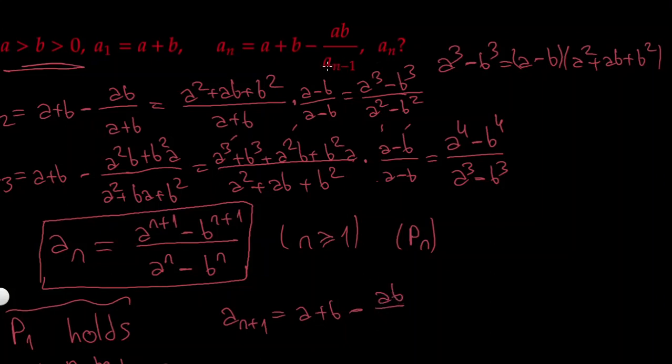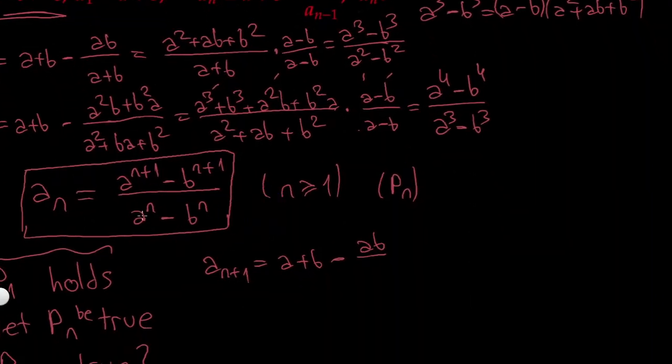So I'm just putting n is equal to n plus 1 here. So this will be an, which is this thing. So I'm just gonna flip this thing. It's gonna be a to the n plus 1 minus b to the n plus 1. And here I have a to the n minus b to the n.